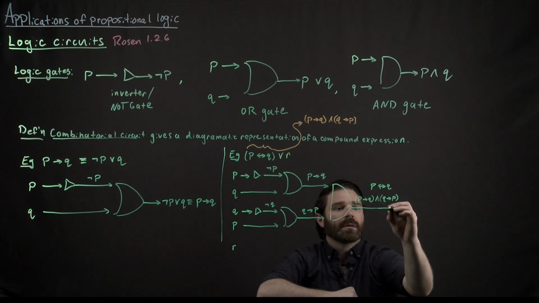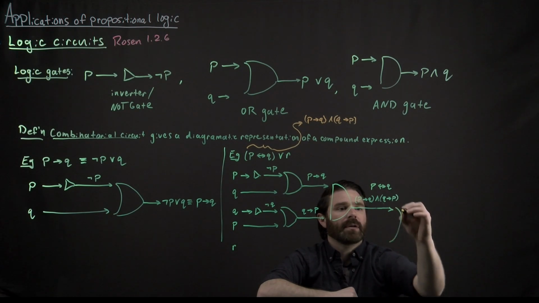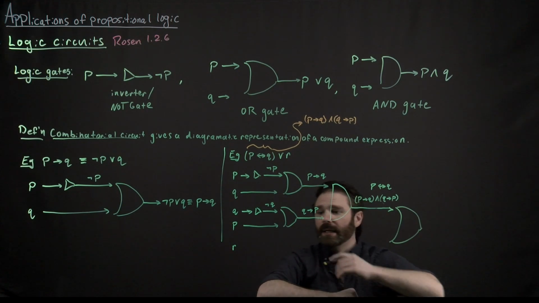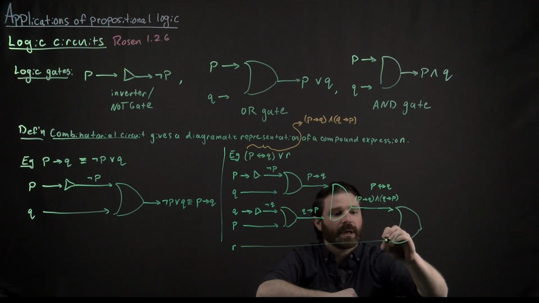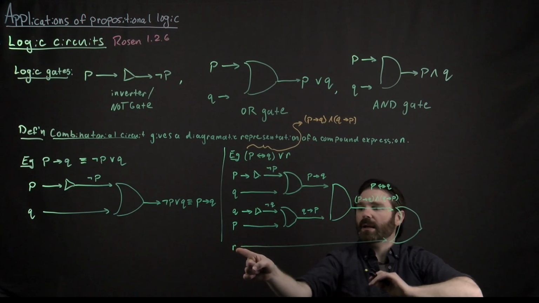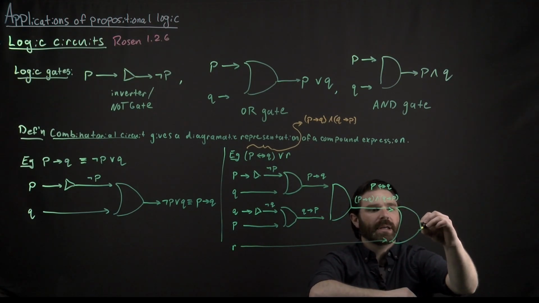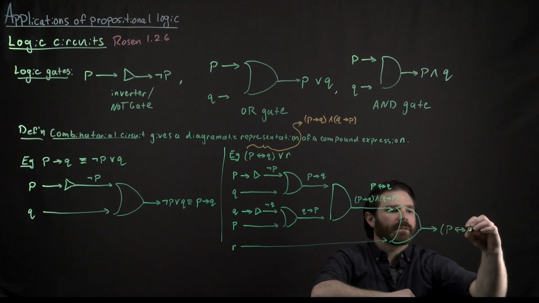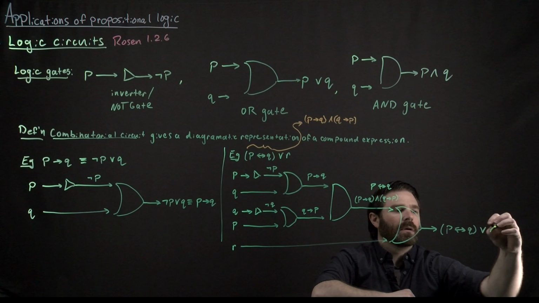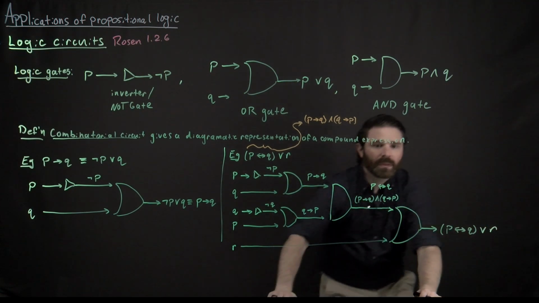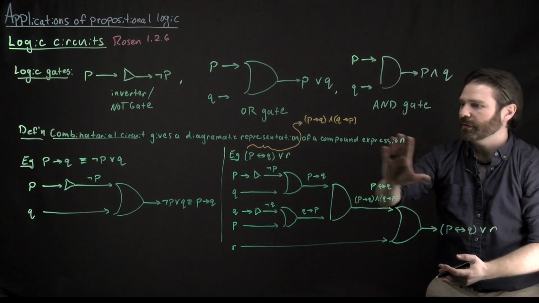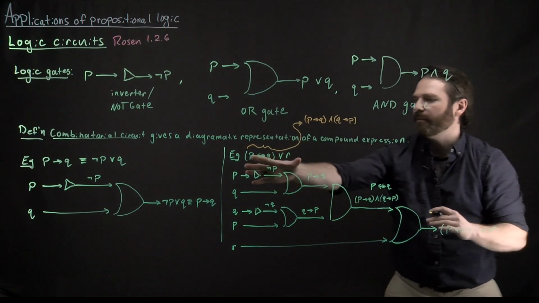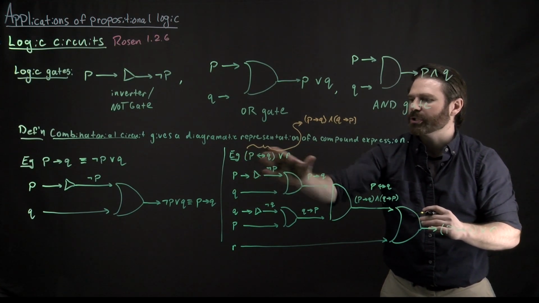So here, I'm going to write for myself another OR gate, and this guy is going to go straight inside, and then I'm going to take R or this expression right here, and what pops out the other side is P if and only if (Q or R). And there we go. I now have a circuit diagram, a diagrammatic representation of this compound expression right here.